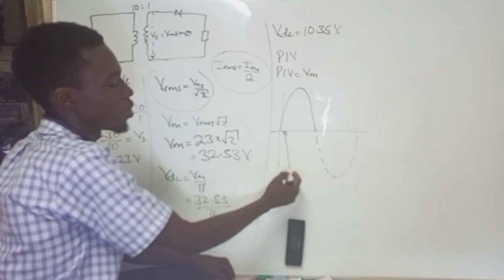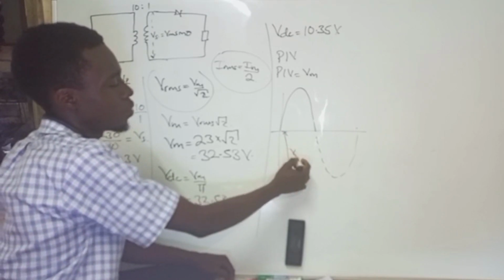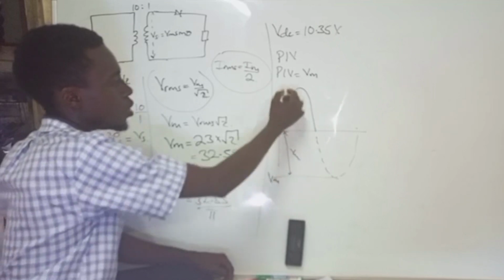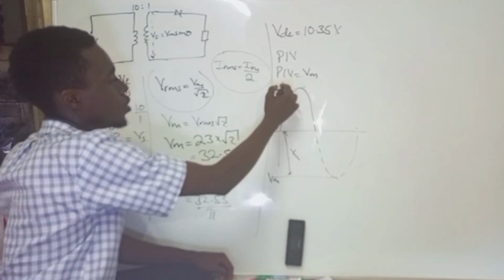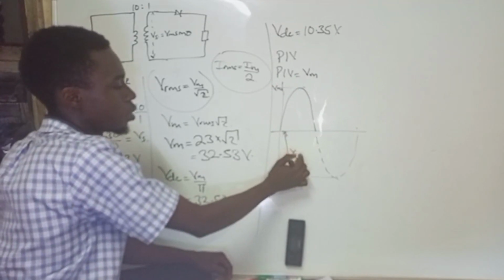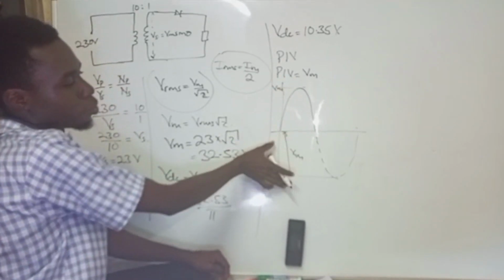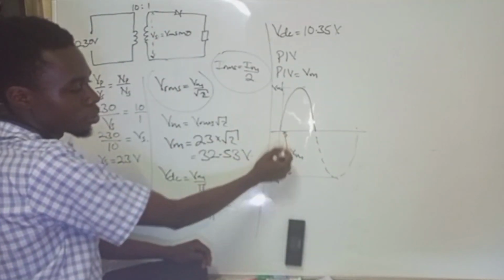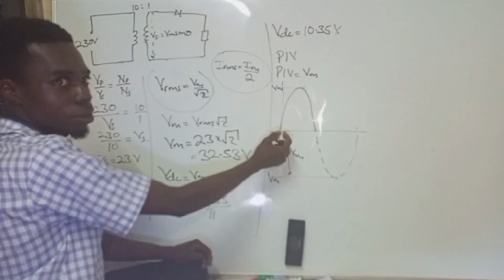And remember that for a sinusoidal wave, if this is my maximum voltage Vmax, this is also going to be my maximum voltage Vmax. The distance from here to here is the same, just that this is reverse and this is forward. So the peak inverse voltage always occurs between these two sections here.